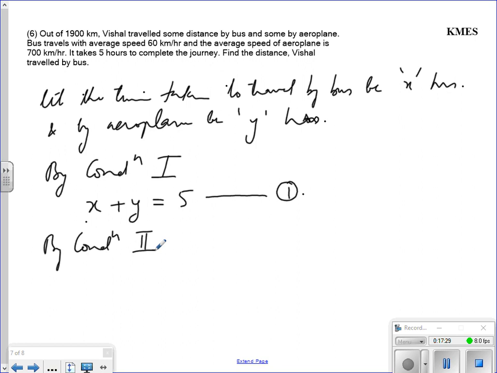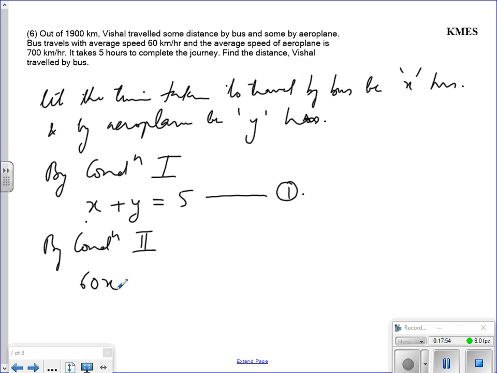And what is the formula for distance? Distance is given by speed into time. So what was the speed of the bus? 60. What was the time taken by the bus? x. So 60x. That is the distance traveled by bus. Keep that in mind. 60x is the distance traveled by Vishal in a bus.